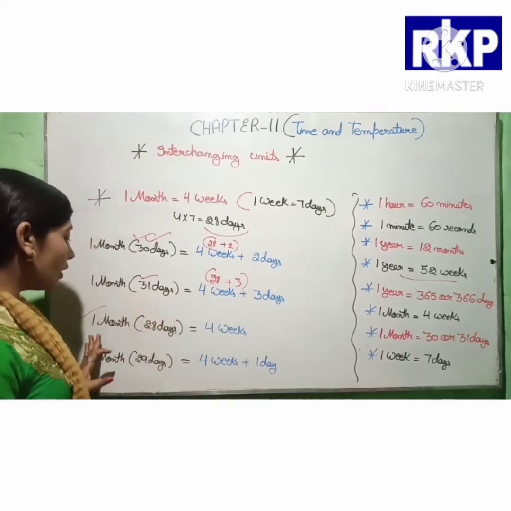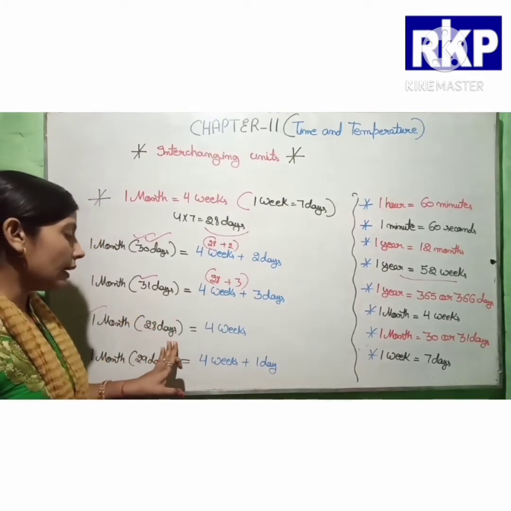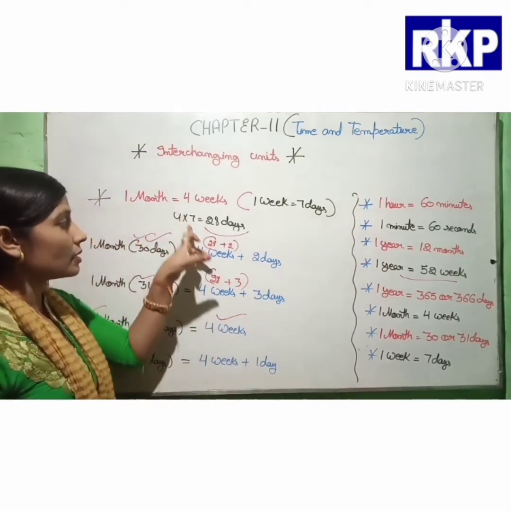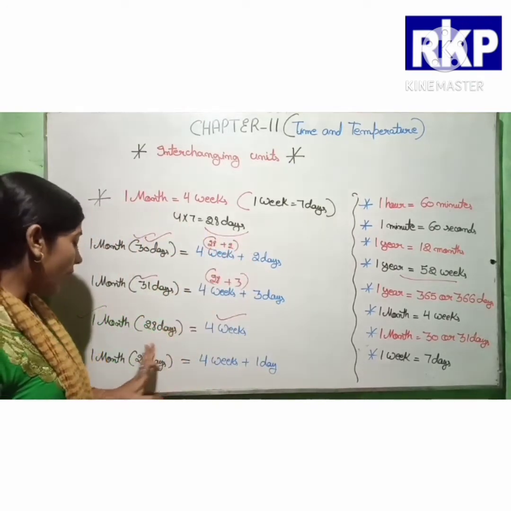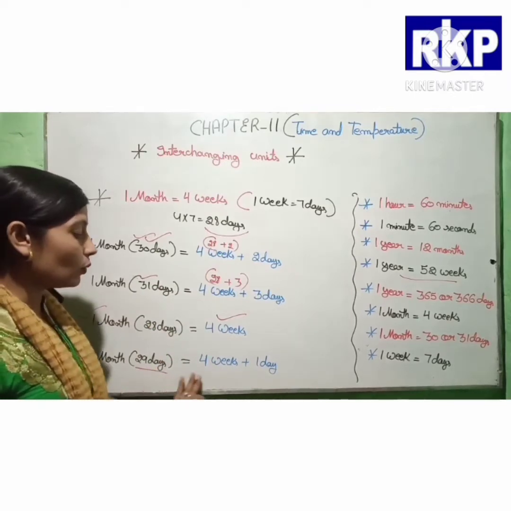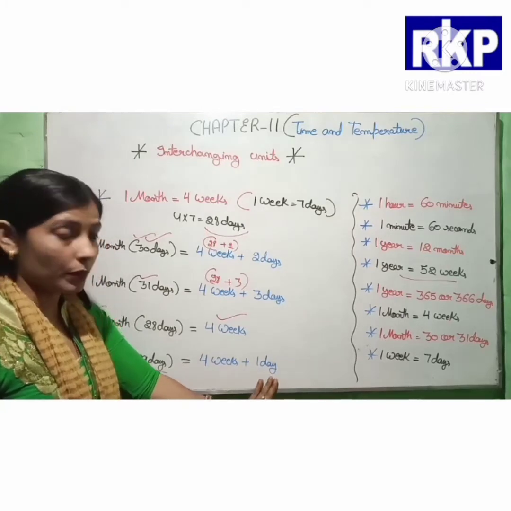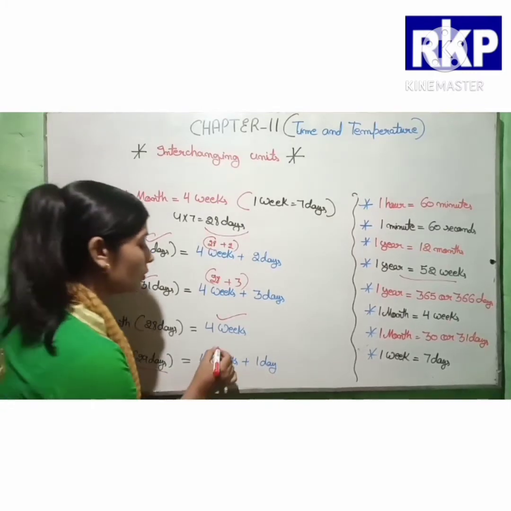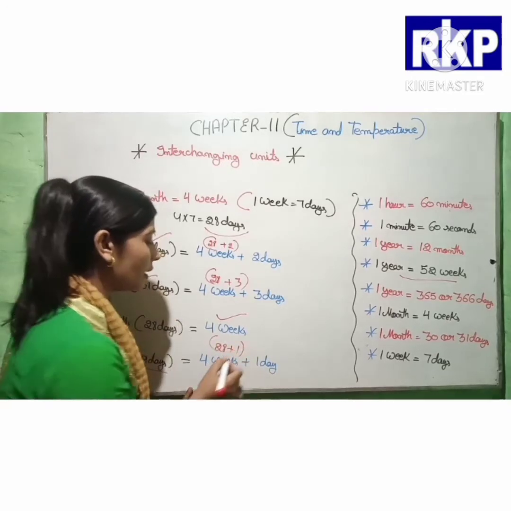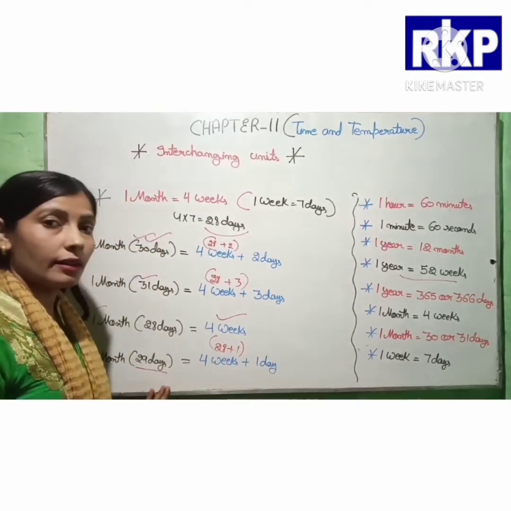And 1 month with 28 days is equal to only 4 weeks, and 1 month with 29 days is equal to 4 weeks plus 1 day, because 28 plus 1 is 29 days.